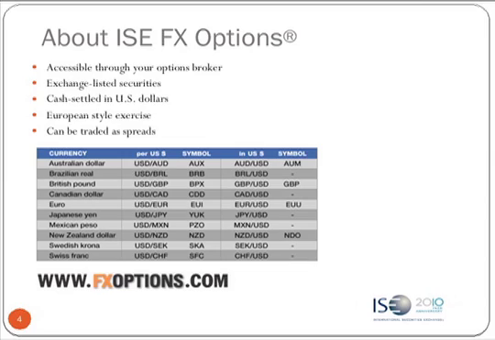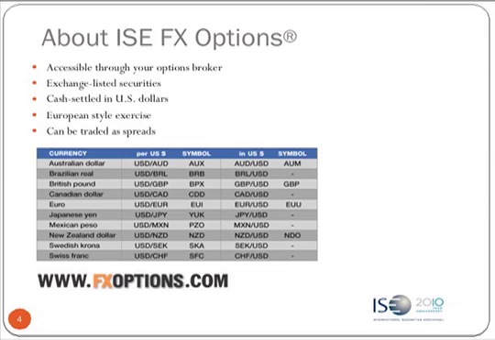One thing I want to add to what Steve said about the ISE currency options is that you can actually trade these in a brokerage account. You don't have to have a futures account or a spot forex account. You can buy a call option on the Aussie dollar the same way you buy a call option on Google, IBM, or 3M.